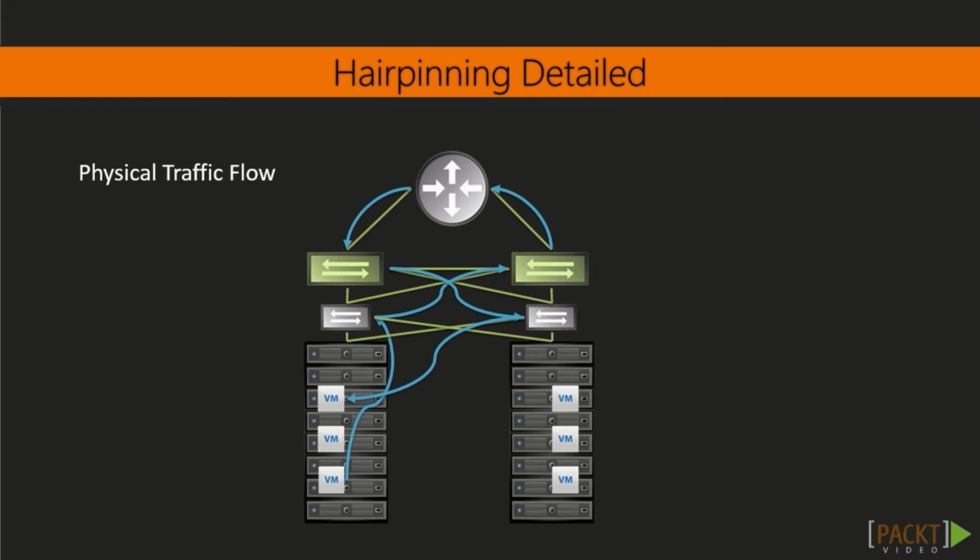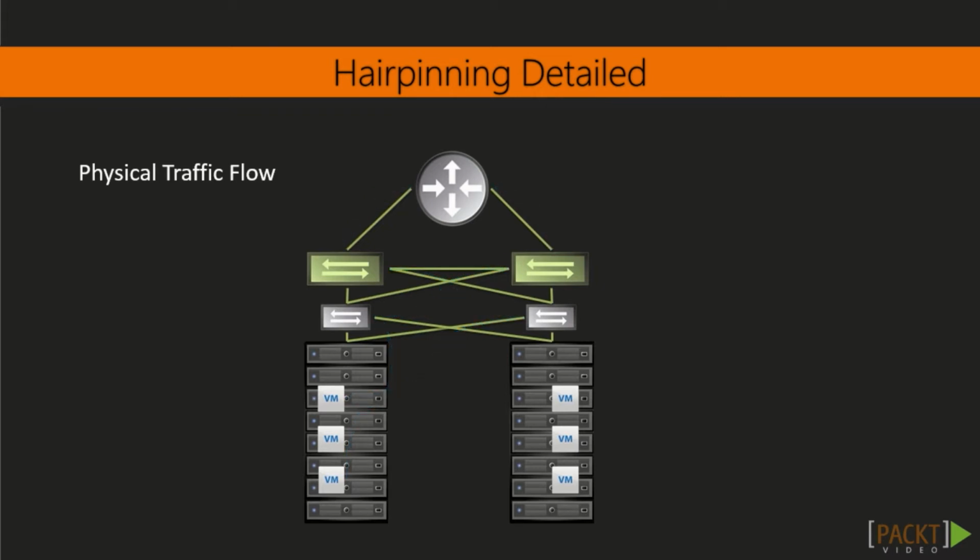The core router makes the routing decision and sends the packet back to the virtual machine. So as we can see, there are lots of devices involved within that very simple traffic flow from one virtual machine to another one. And probably these two VMs are sitting on the same ESXi.